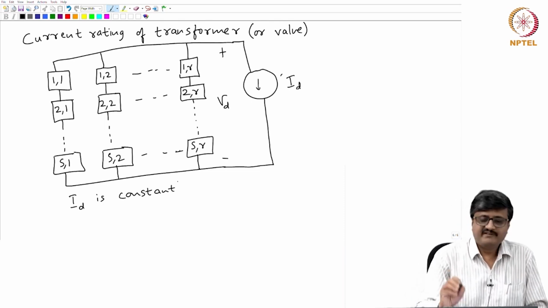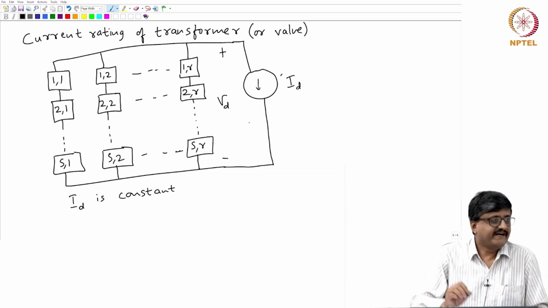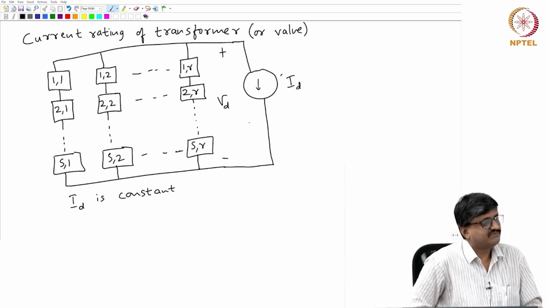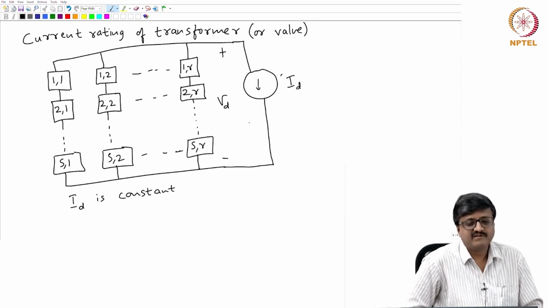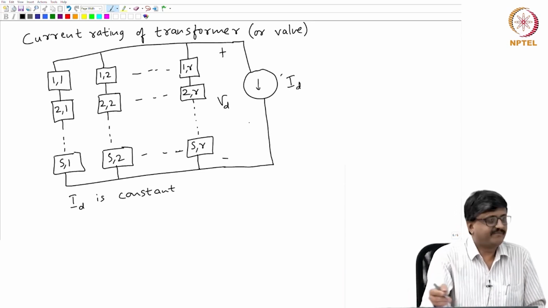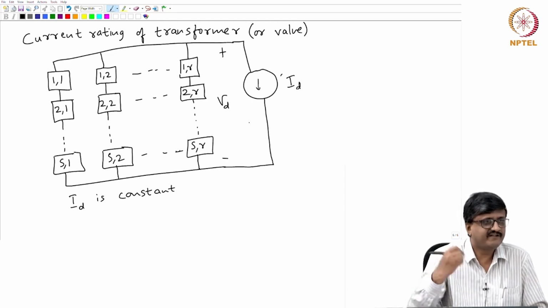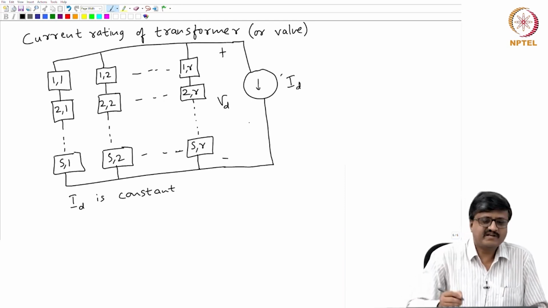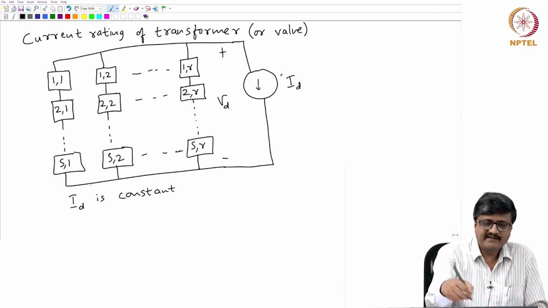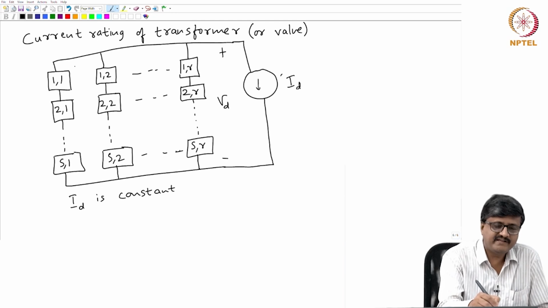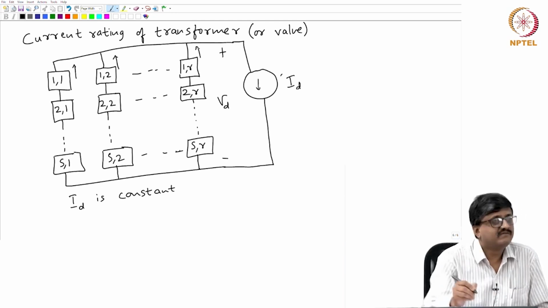With this assumption of a constant current on the DC side, how do I get the current rating of a transformer? Any transformer winding, or any valve connected in series with the transformer winding. For that I have to look at the current in the individual parallel paths. If you look at any parallel path, what is the current?